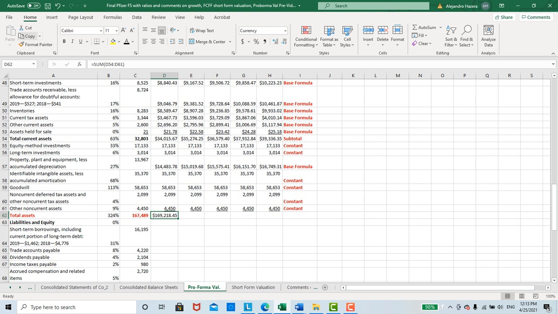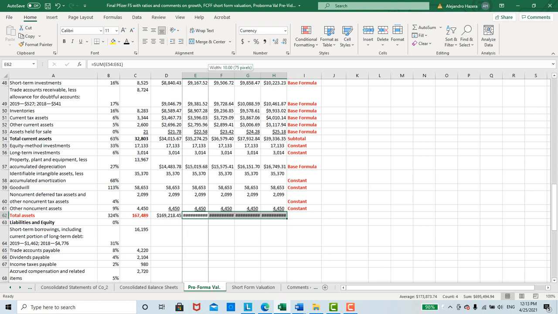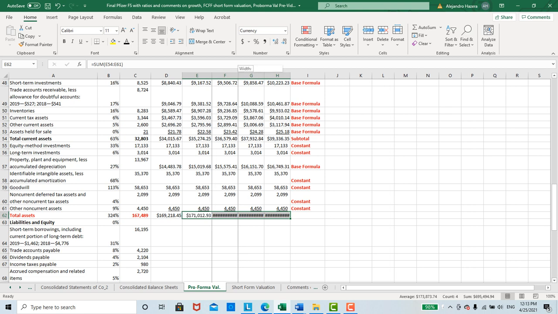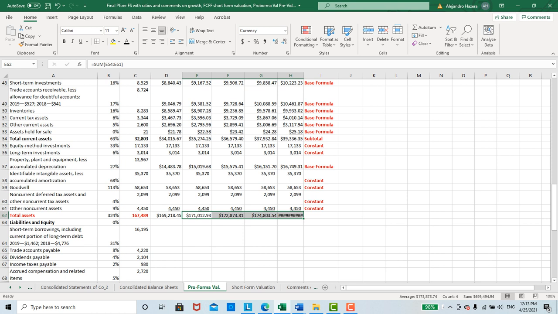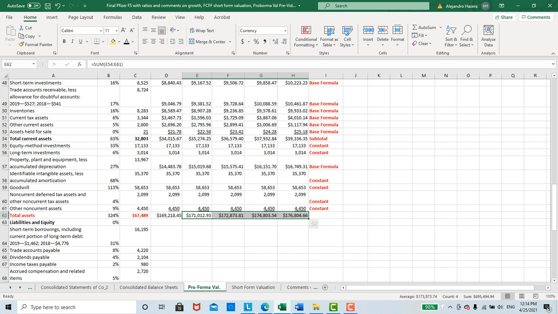And we will come across here, and let's see what they're looking like here. Okay, so my total assets are in the 176 billion range for the last year.